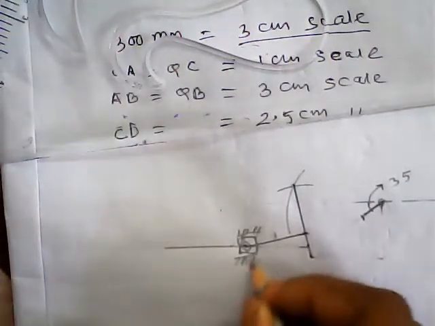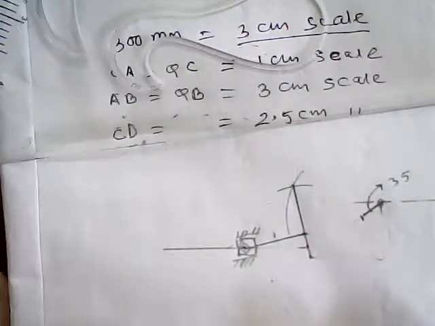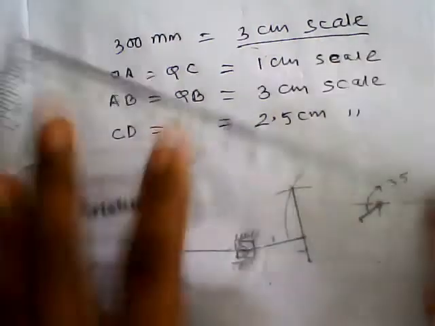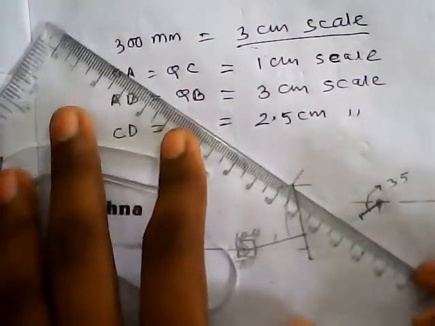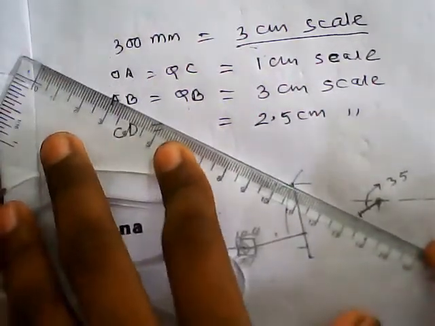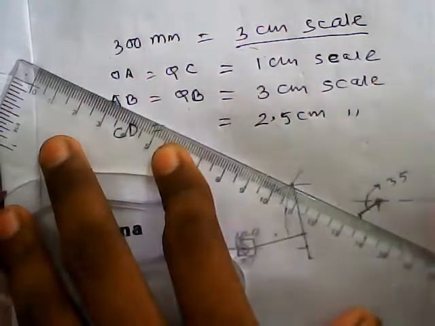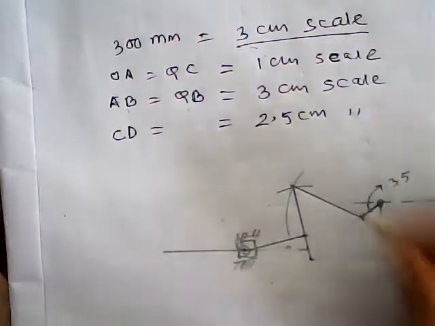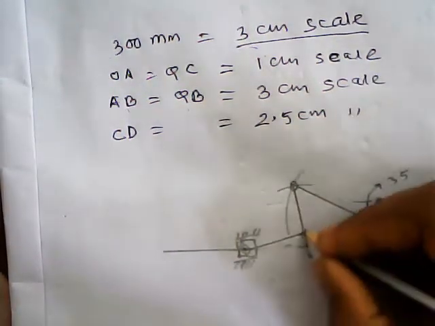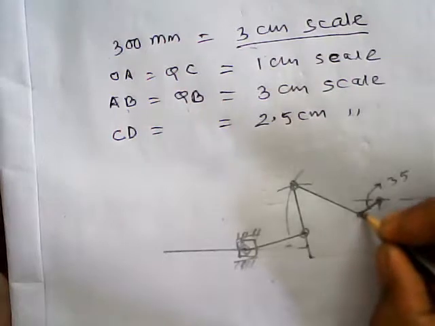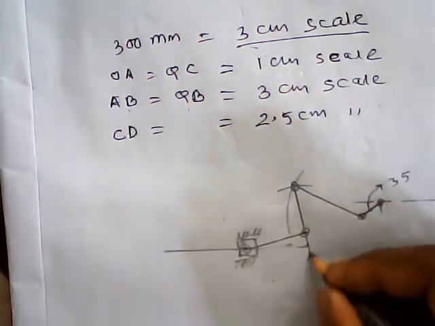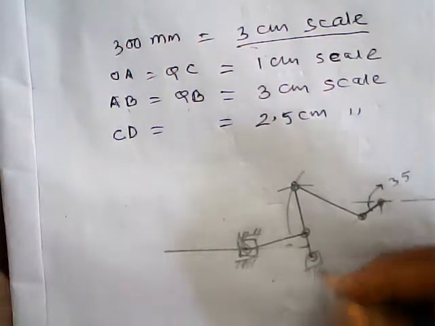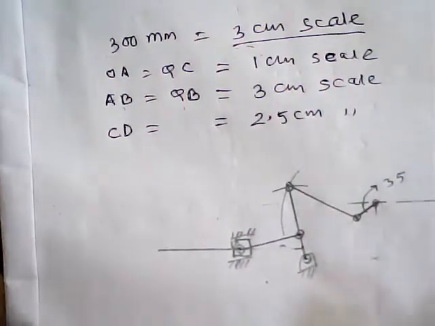Draw the slider here at the point D. Here this line is AB. So the configuration diagram is complete.